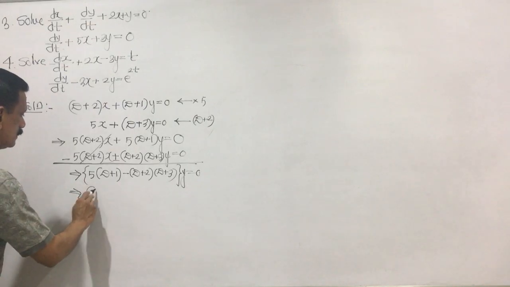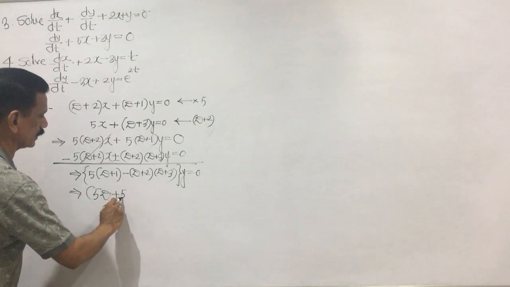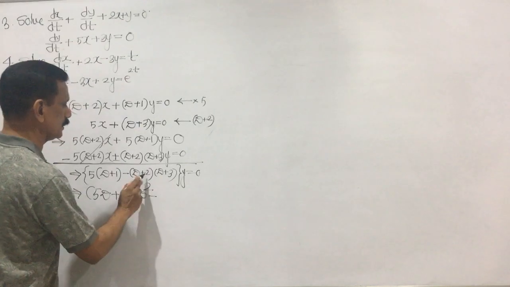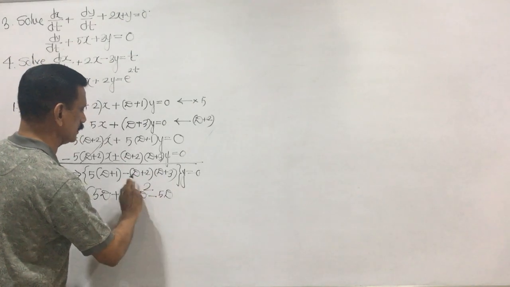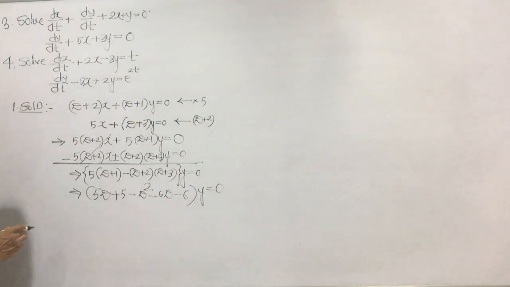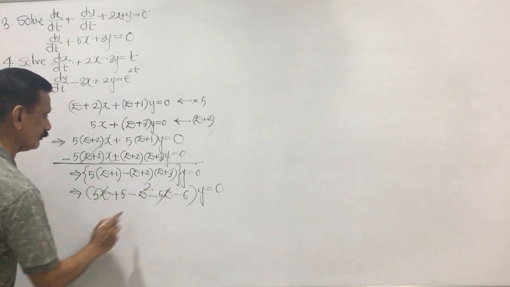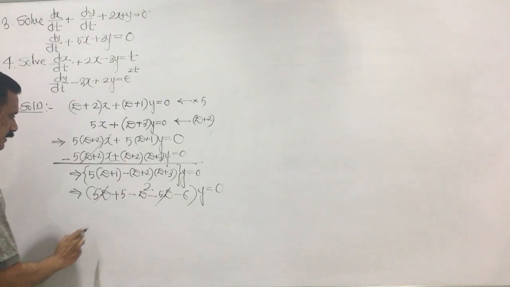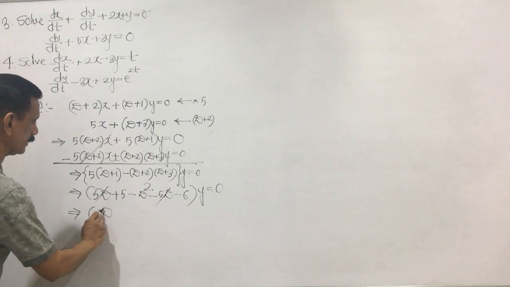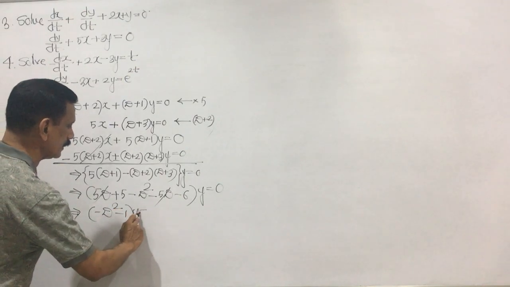So it is 5D plus 5 minus, see here, D square plus 2D plus 3D means 5D, and plus 6, operated on y equal to 0. So here the 5D gets cancelled, and 5 minus 6 means it is minus 1. So it is minus D square minus 1 y is equal to 0.